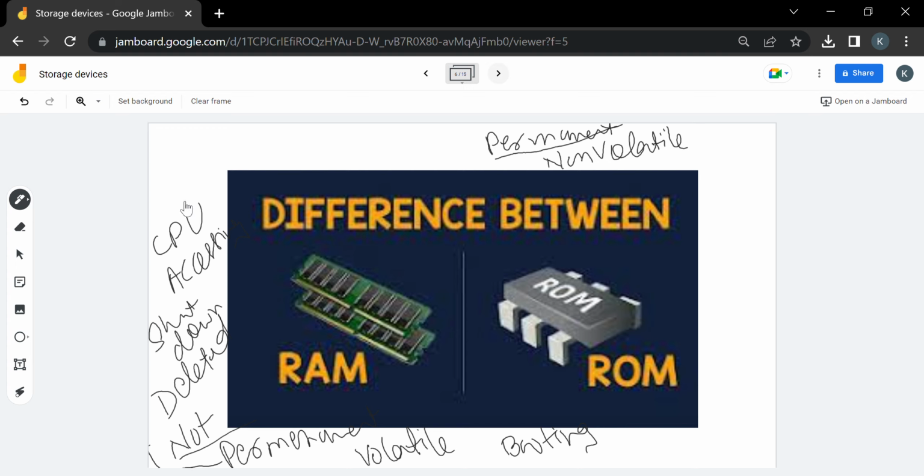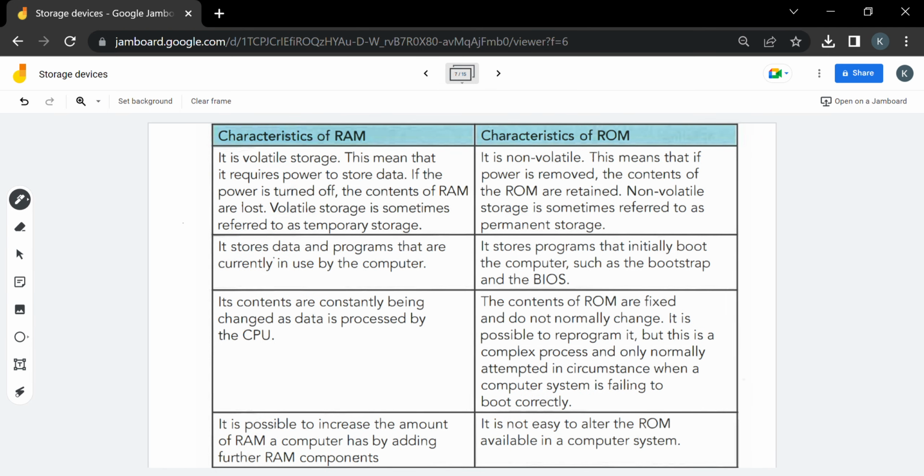So let's compare RAM and ROM. RAM is a volatile storage. It means that the moment the computer is shut down, all the data from the RAM will be deleted, and it will not be available when the computer is shut down. Every time we turn on the computer, RAM is storing some new data, because whenever we are using the computer, we are accessing different programs.